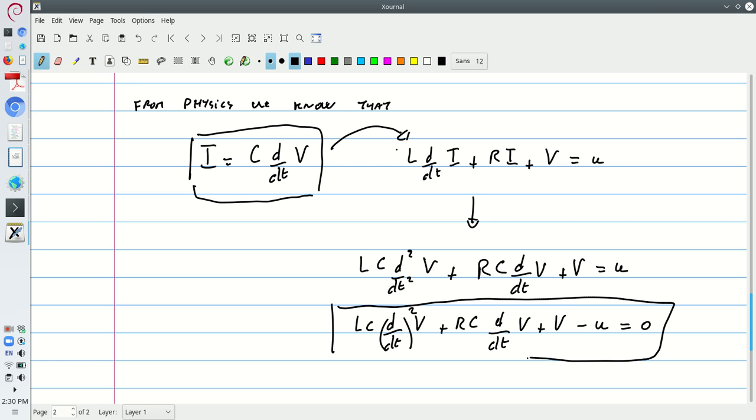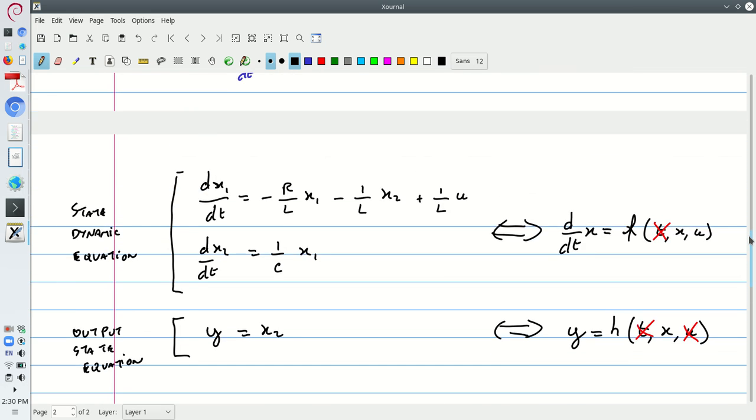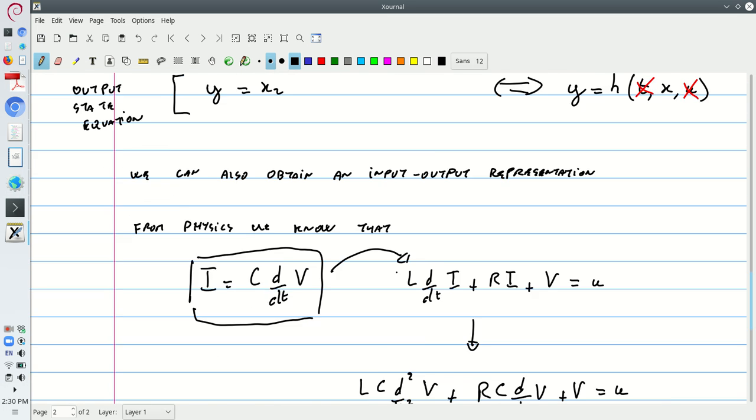This is our input-output representation if we replace V with Y, since after all V is our chosen output.